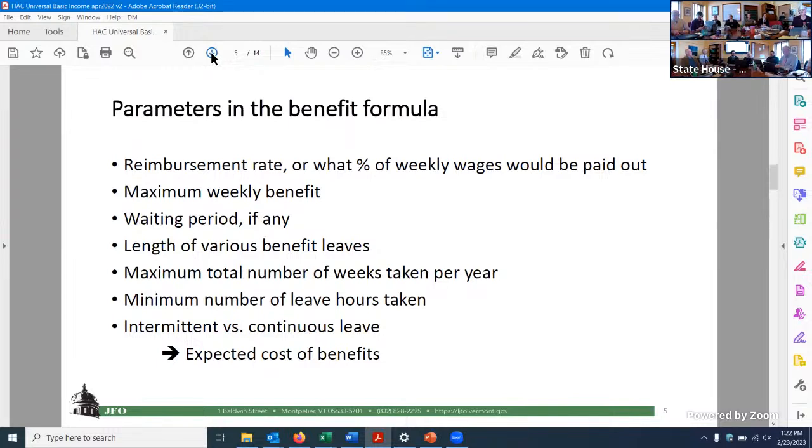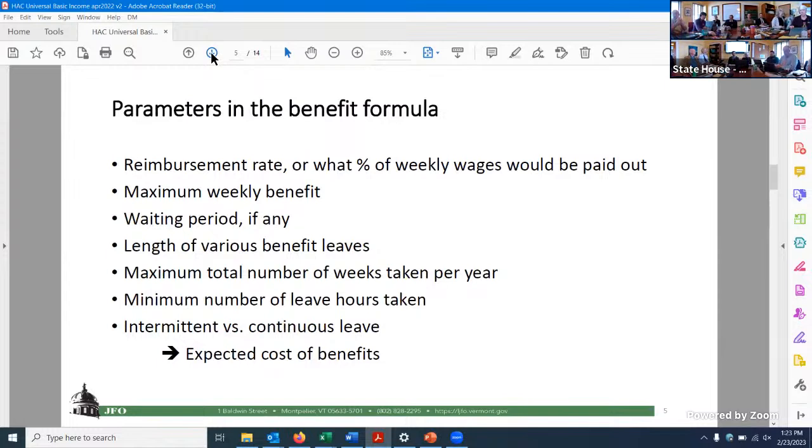Let's see, maximum number, that's 12, minimum number of leave hours taken. In some states, they allow people to take leave for maybe 2 hours and call that family medical leave insurance. In age 66, the minimum number of leave hours taken in a block is 1 day. So it's 1 day out of a normal work week. If you work 40 hours, that's 8 hours.